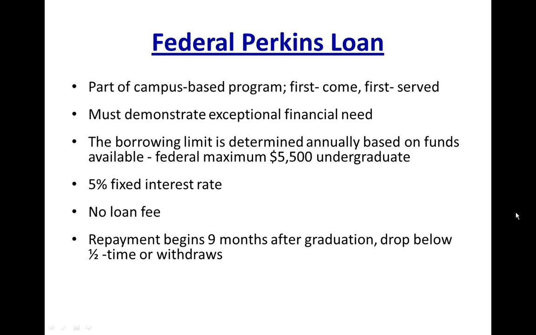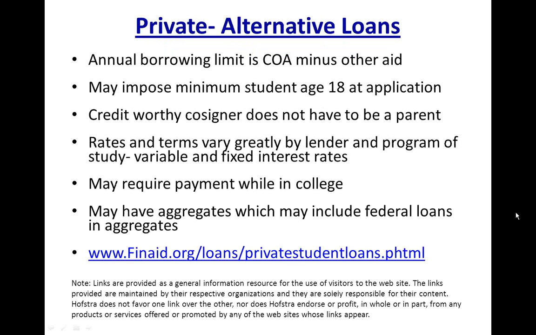It has a 5% fixed interest rate, and there is no loan fee. The repayment for this loan begins 9 months after graduation or drop below half-time status or withdraws. So this one gives them just a couple of months more. It was 6 months for the Stafford loan, and it's 9 months for the Perkins loan before they have to start repaying it.